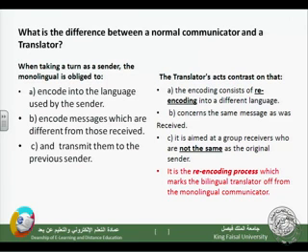It is re-encoding. In other words, it means to put the message in a different language, in a different code, to another person or another group of receivers. So this is the main difference between a monolingual and a bilingual, or a translator, or a multilingual.